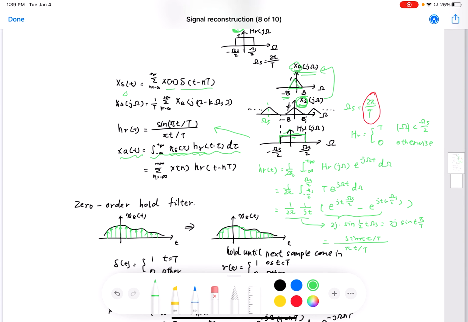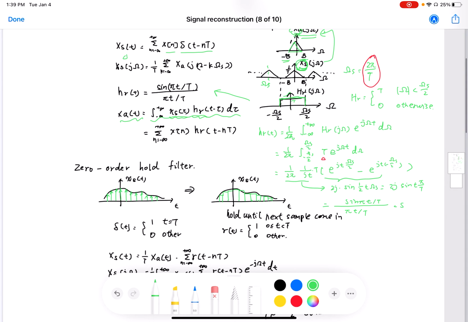Oh, I lost a T. Because here is a T, we have a T in the numerator, and this is divided by T in the denominator, so this is sin(pi t over T) divided by (pi t over T).